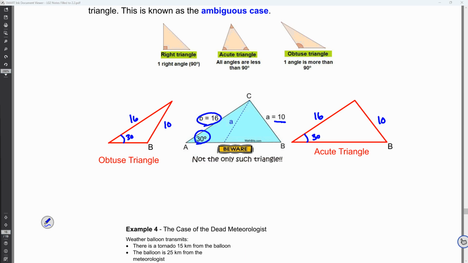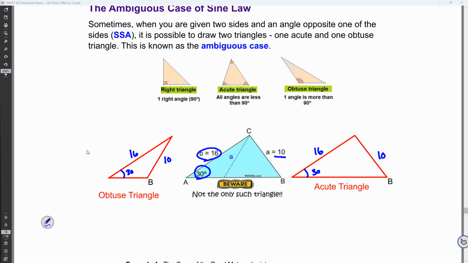But notice how the B's are completely different. Our side length B is completely different. Our side length C is completely different. Because of this, we call it an ambiguous case. We're given two side lengths and an angle, and we don't know what this is.